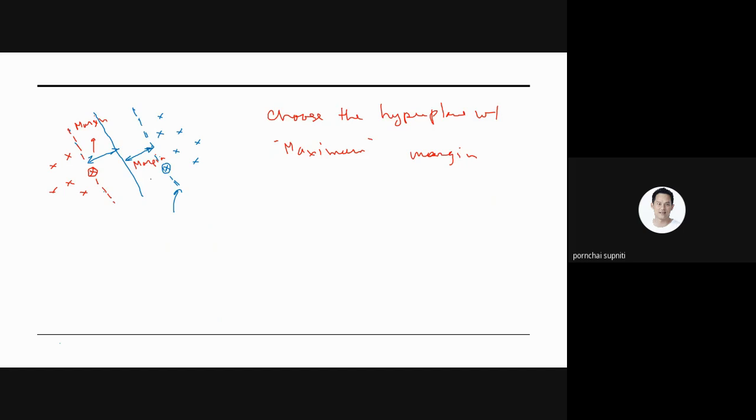So instead of having the inner product of W and x plus b equal to 0, we can set some value to it, for example a positive value. Let's say the right side is class 1 or class positive, and the left hand side is class 0 or class negative.